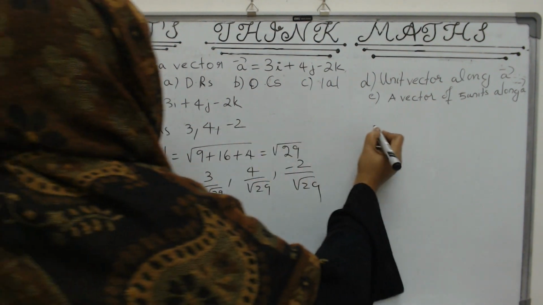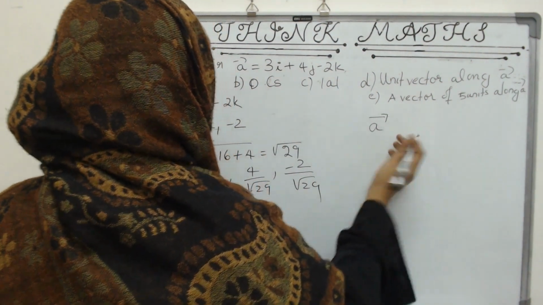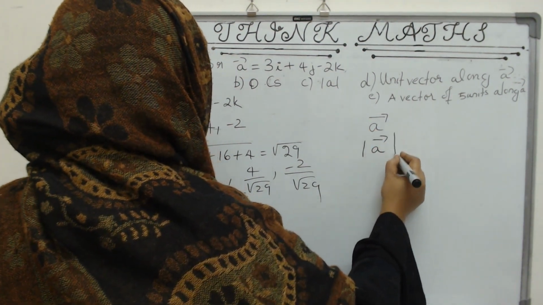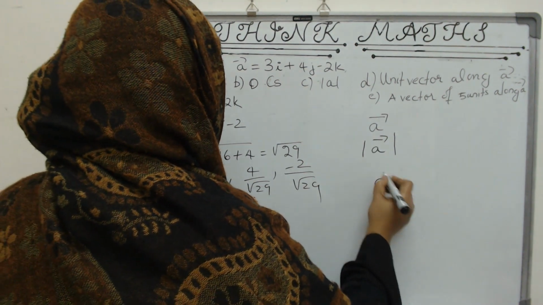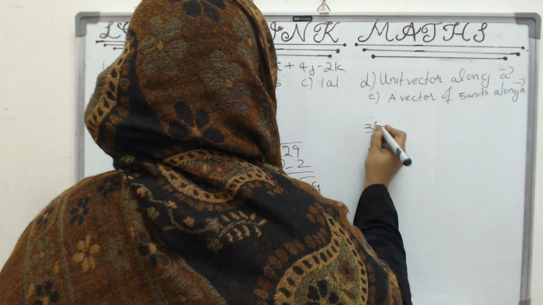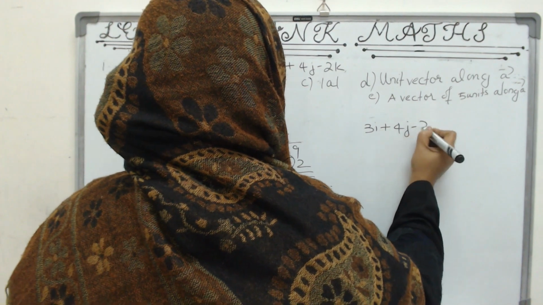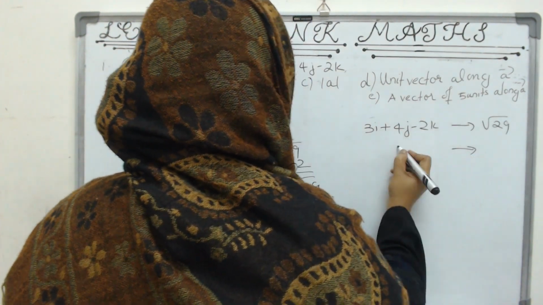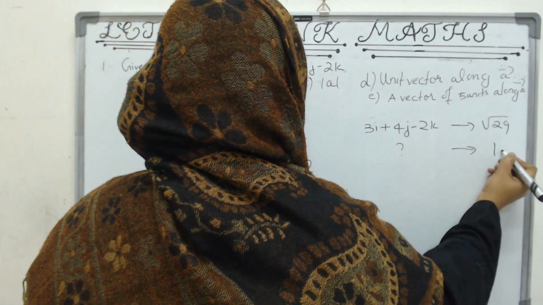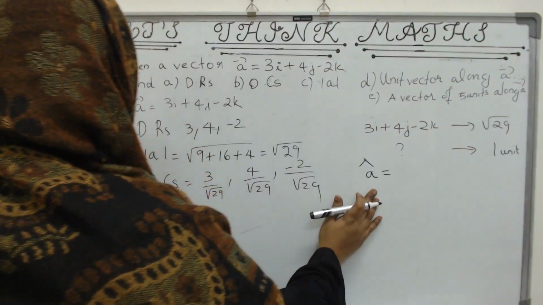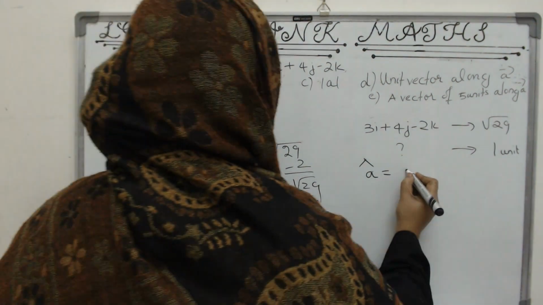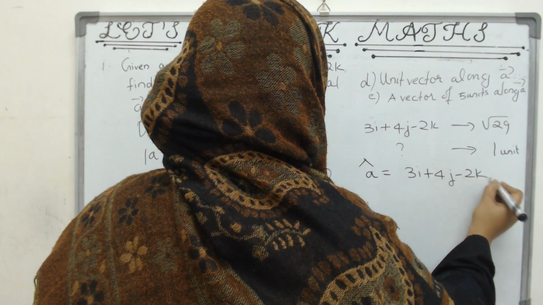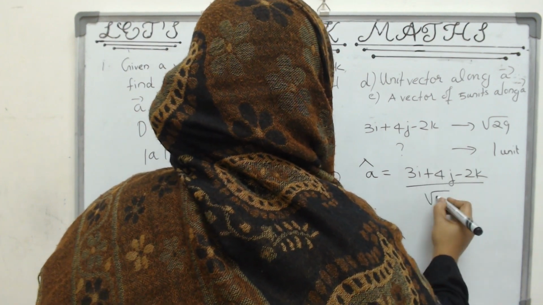What is the unit vector along A? Now you see, if a vector is denoted by this symbol, its magnitude is denoted by this symbol, a unit vector is usually denoted by this symbol. This is a vector. Its length is square root of 29. What should be the vector if its length is 1? A unit vector along the same direction would be 3i plus 4j minus 2k by square root of 29.